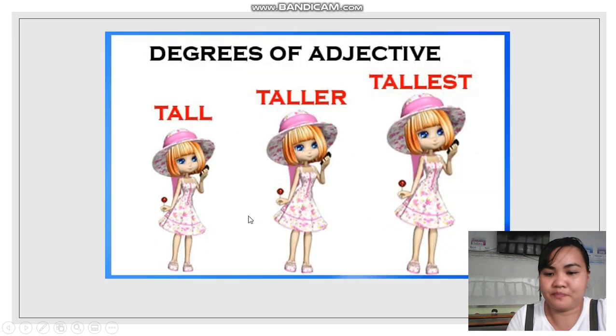Next, the first one is tall, because it's just a simple sentence. You're not comparing, you're just describing one. But if you are comparing these two, the second one is taller, but the third one is the tallest of them all.